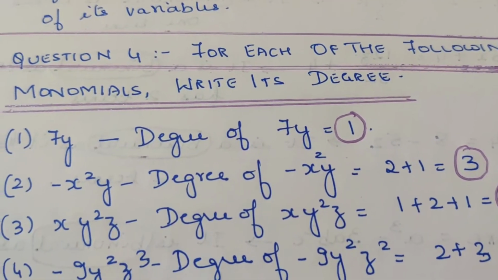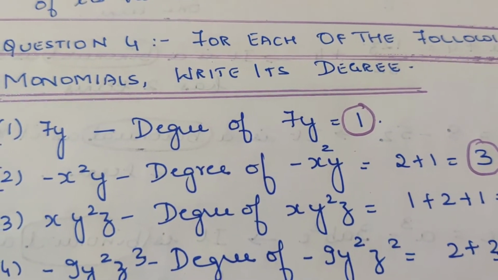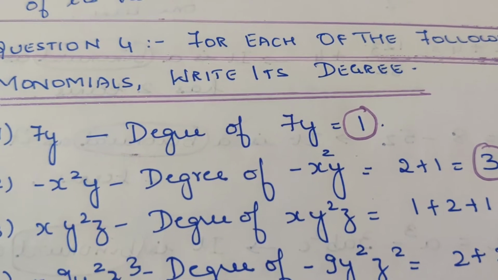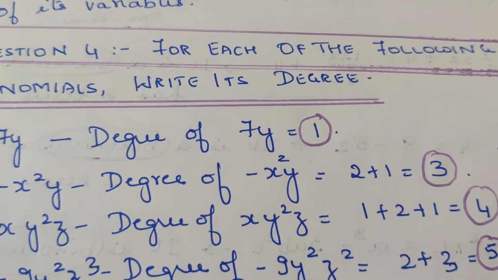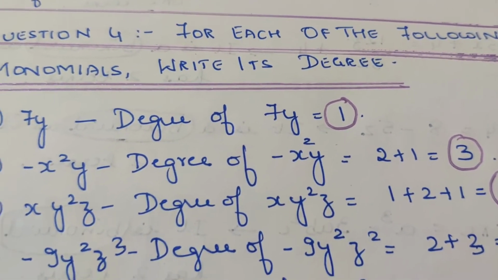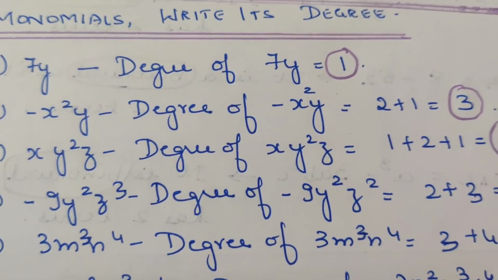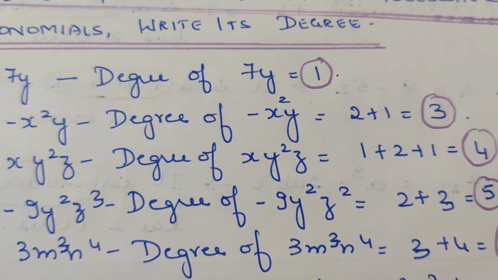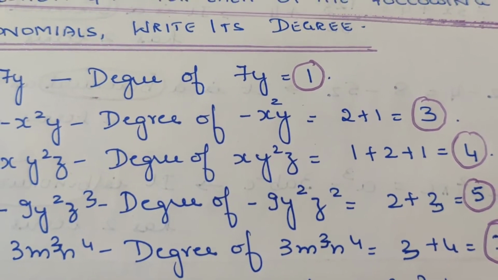Just pausing in here. Next one, xy square z. Degree of xy square z is equal to 1 plus 2 plus 1, that is equal to 4. Isn't it easy? Just add the powers of the variables. Next one, minus 9y square z cube. Degree of minus 9y square z cube is equal to 2 plus 3, that is equal to 5.